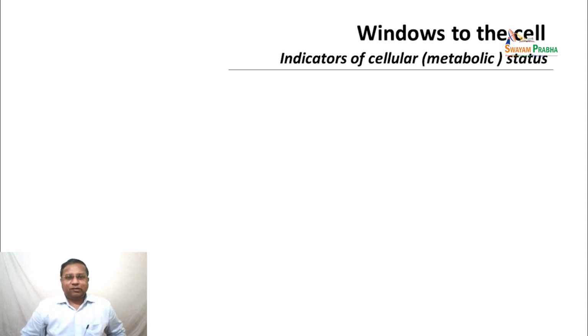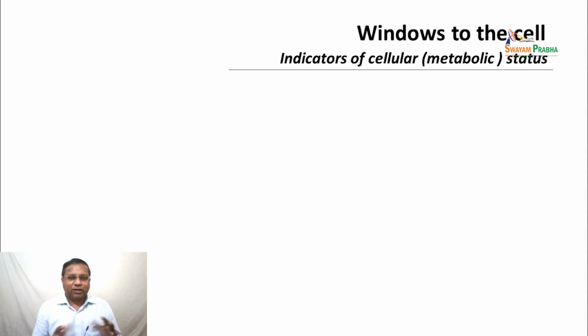So, the windows to the cell are the indicators of cellular status or indicators of metabolic status of the cell. These terms, cellular status, metabolic status, energy status, redox status, and so on, are kind of soft terms. You should not take them too strictly.